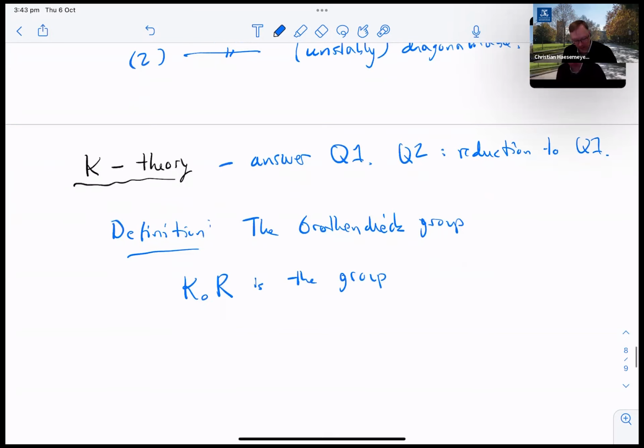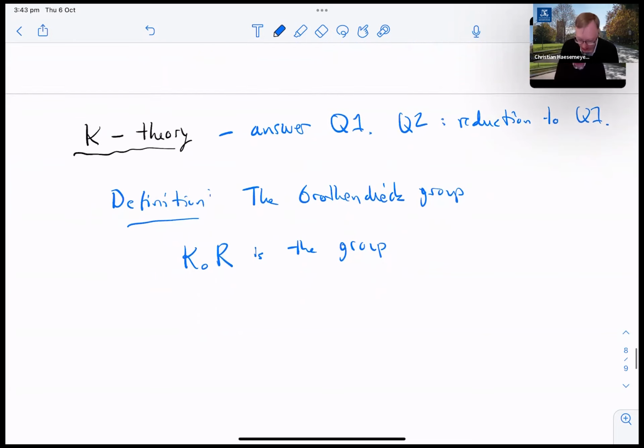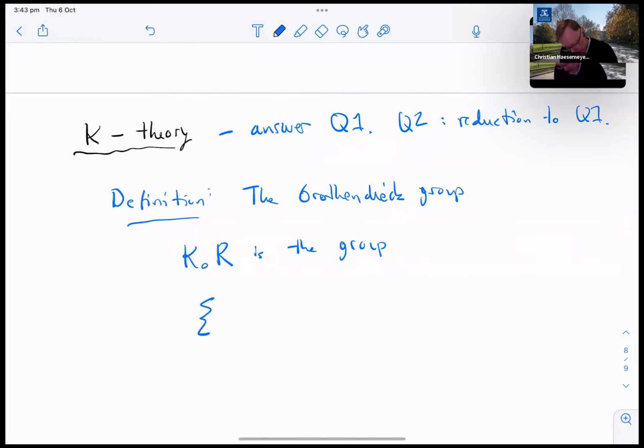So a group is something where we can add and subtract elements. And that is much more useful than you might imagine if you want to study the question whether matrices are stably diagonalizable for all matrices simultaneously. So in the language that we have used so far, we take the set of idempotent matrices up to stable conjugation.